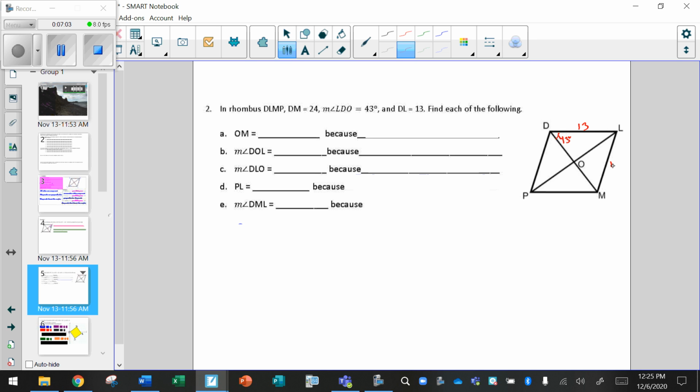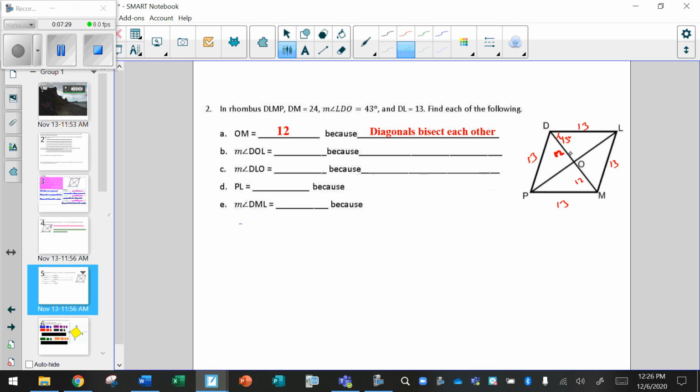Well, if DL is 13, then we know all sides are 13 because in a rhombus, all sides are congruent. And if you know that DM is 24, then hopefully you remember, because this is a parallelogram, diagonals will bisect each other. So that automatically means that DO is 12 and OM is also 12.